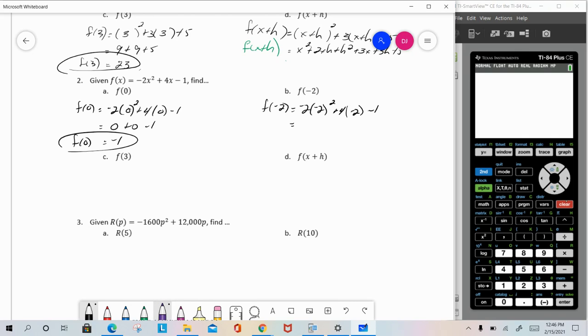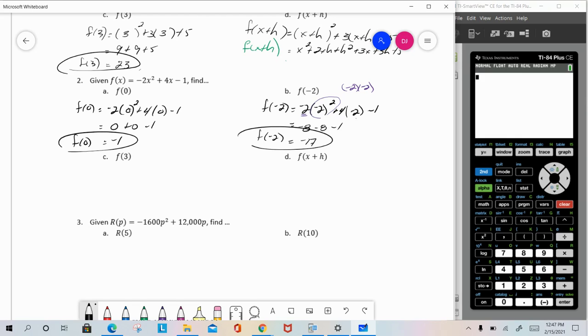So negative 2 squared is negative 2 times negative 2. So that's a positive 4. Then times that negative 2 is a negative 8. 4 times negative 2 is a negative 8 minus 1. And so we have a negative 17. F of negative 2 is a negative 17.